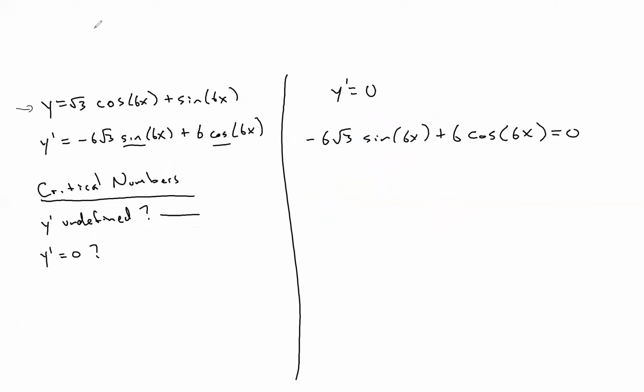If I'm solving this equation, I've got two different trig functions, sine and cosine. Ideally, I would just have one trig function showing up. So here's what I can do. First of all, let's just move one of these trig functions over to the other side of the equation. I can add a 6 root 3 sine of 6x to both sides.